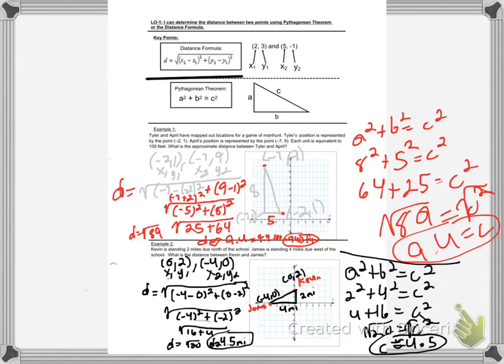D equals the square root of (x2 minus x1) squared plus (y2 minus y1) squared.